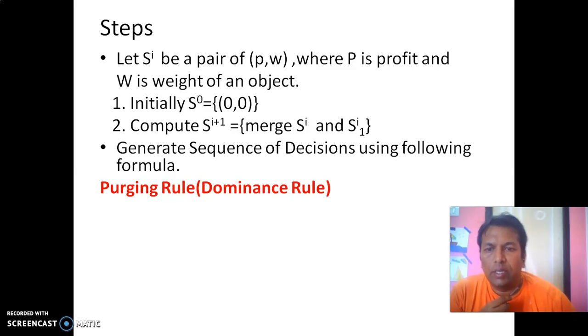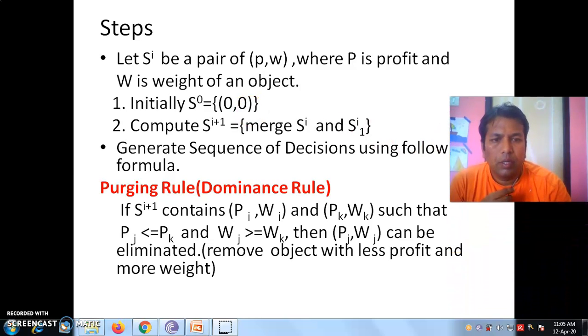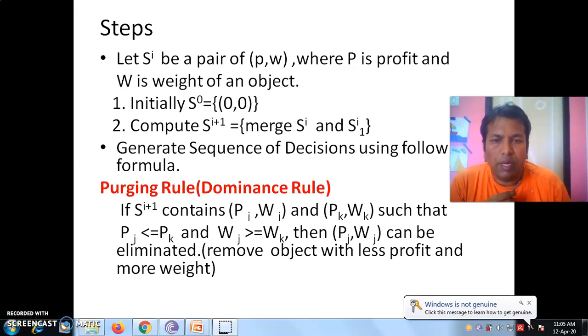That rule is called the purging rule. Here we are not using any mathematical formula, just the purging rule. It is also called the dominance rule. What do we mean by the purging rule? Consider the set S^(i+1) containing the tuples (Pj, Wj) and (Pk, Wk).